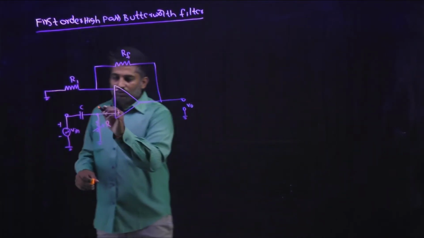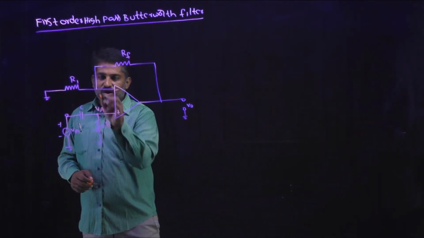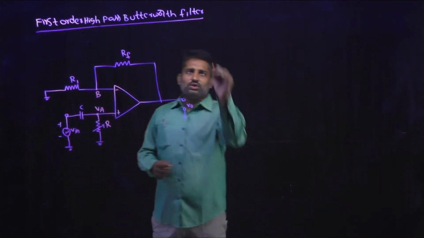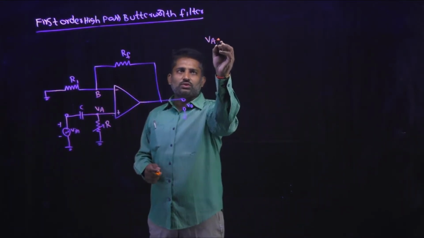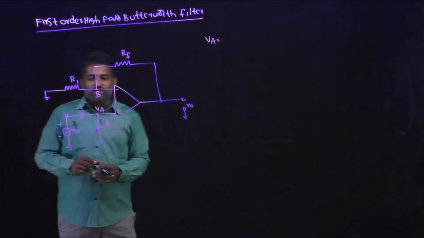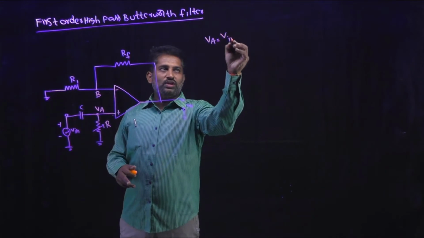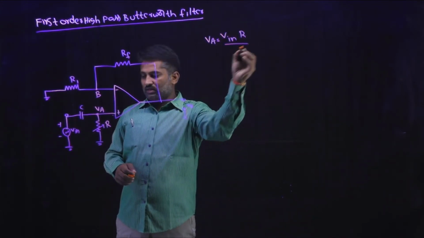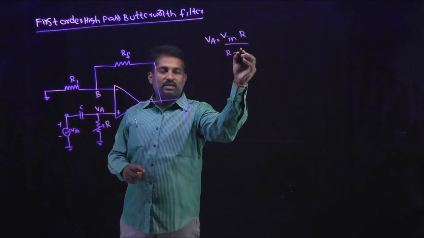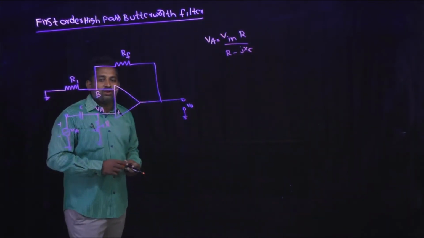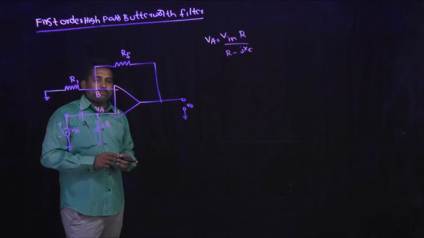First, we want to calculate the value of potential at A. So VA is equal to, by using the voltage divider rule, VA is equal to Vin into R divided by R minus j into XC, and we all know the reactance of the capacitance.